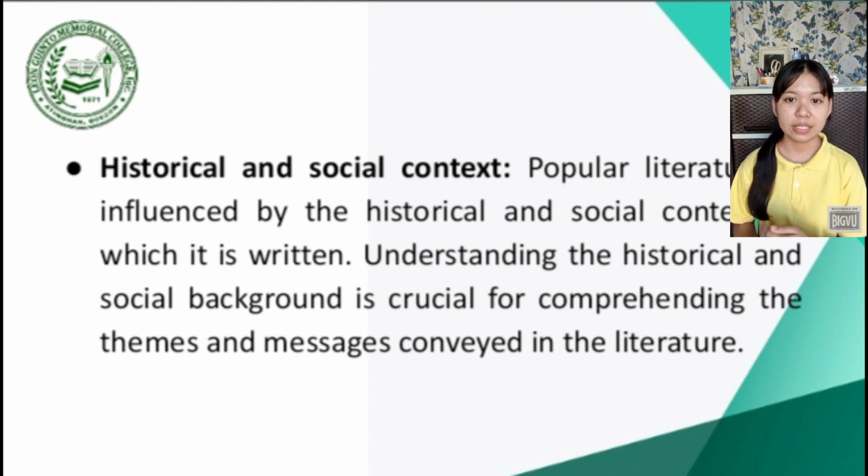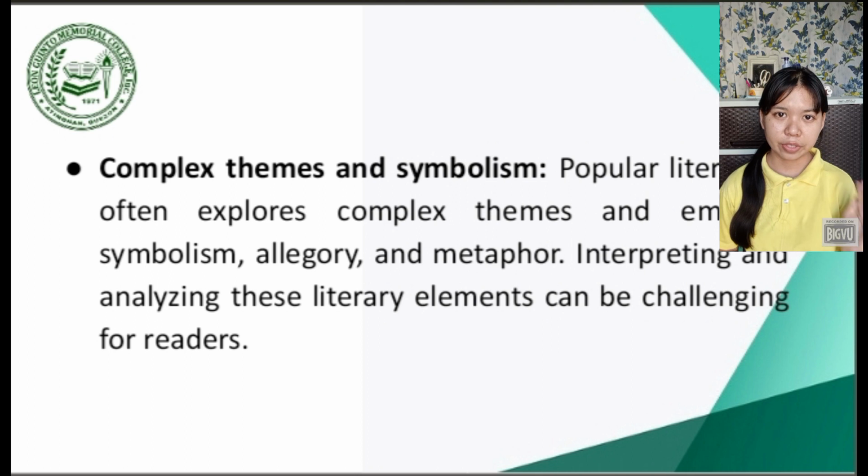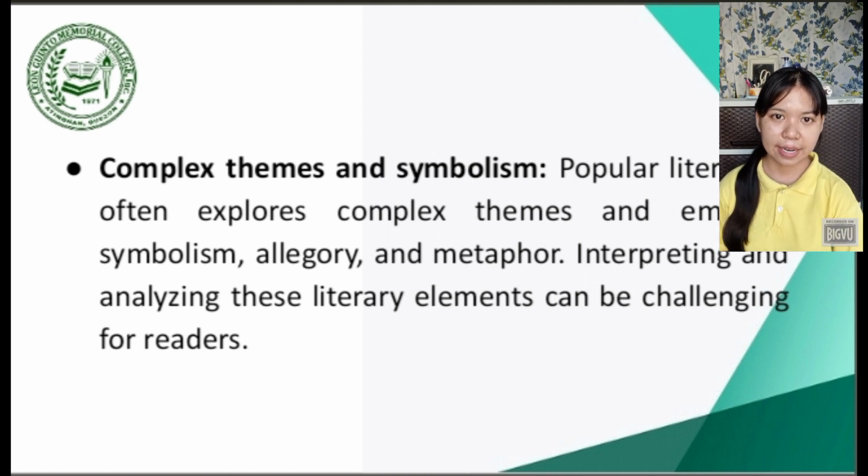And lastly, we have complex themes and symbolism. So, popular literature often explores complex themes and employs symbolism, allegory, and metaphor. Interpreting and analyzing these literary elements can be challenging for readers.